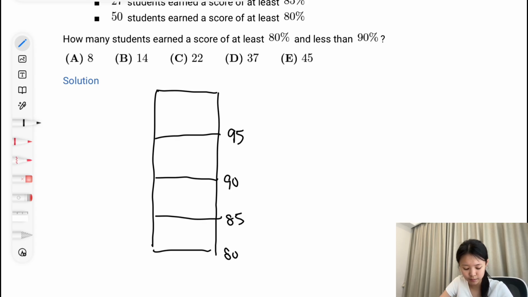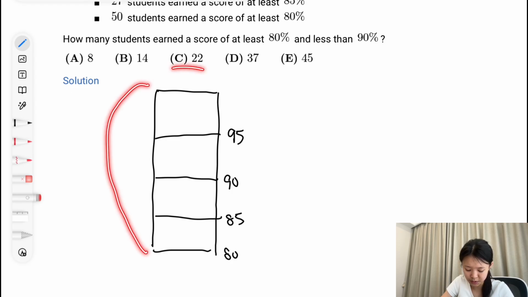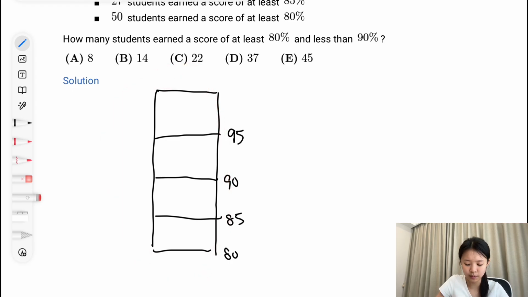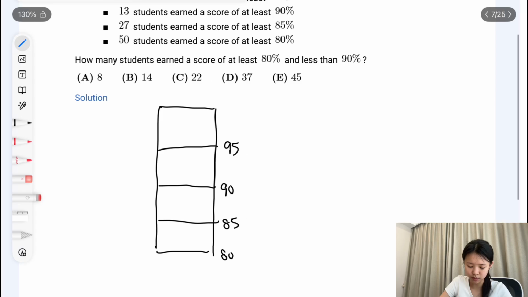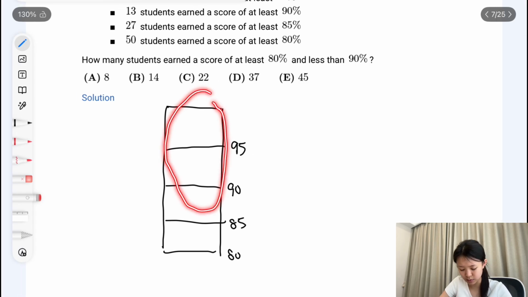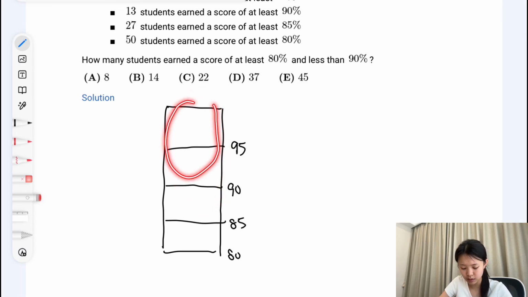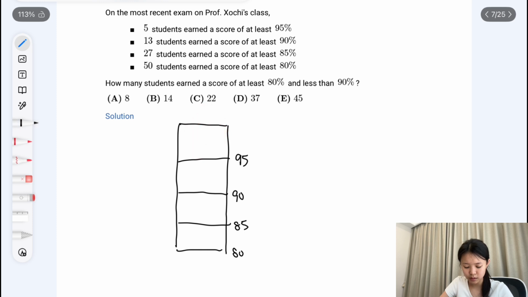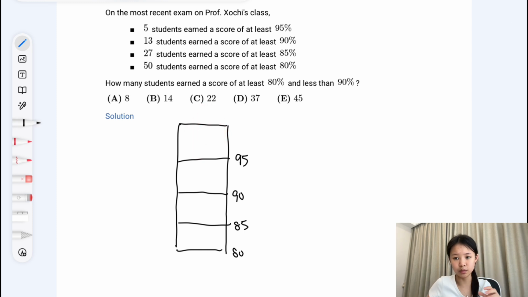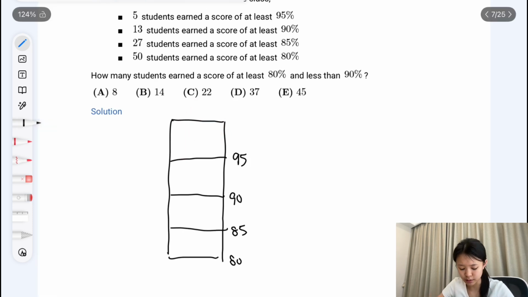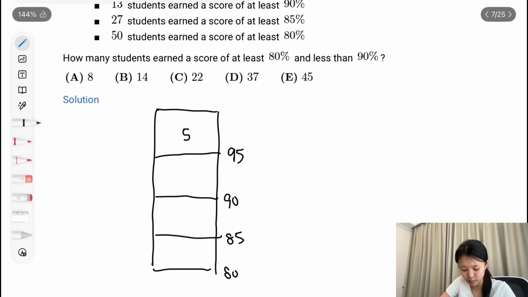It means that 50 students earned a score of at least 80%, so the total of this whole stack is 50. 27 students earned a score of at least 85%, so this is 27, this is 13, and finally this is 5. If you want to find the number of students between each layer, we start with 5 at the top.